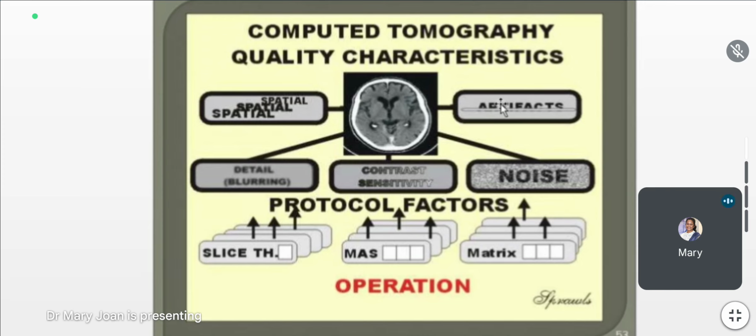There can be spatial information, how accurately the spatial information is recorded and shown. There can be artifacts which can reduce the image quality and detail.